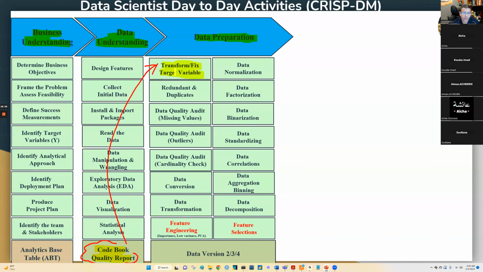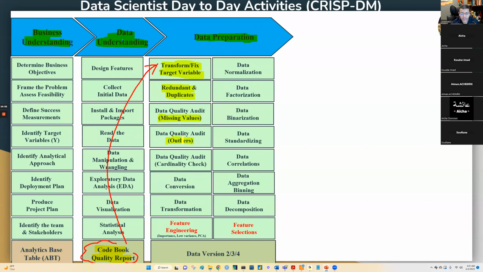Then we need to determine if we have any redundant data, noisy data, duplicates. Duplicates can definitely deviate your findings from reality, could bias your findings. Then we need to deal with missing values, find the missing values and deal with them. I'm not saying delete them, I'm saying deal with them based on so many scenarios, so many options.